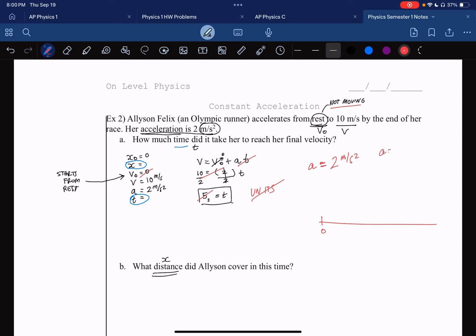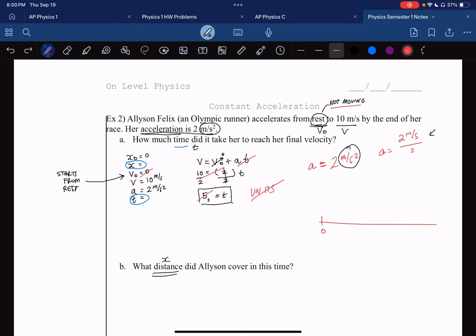What this number actually means is her speed will increase by 2 meters per second every second that passes. Remember that these units are equivalent, but the way they're written here on this side make a lot more sense in a way.